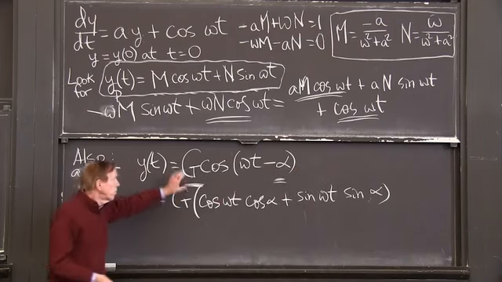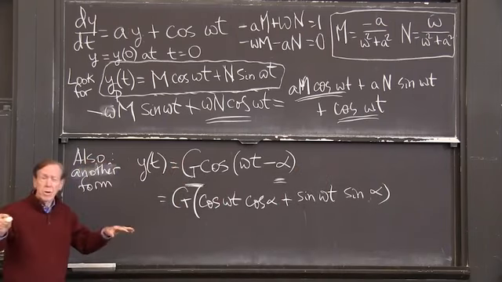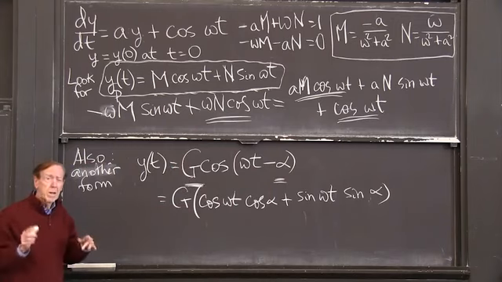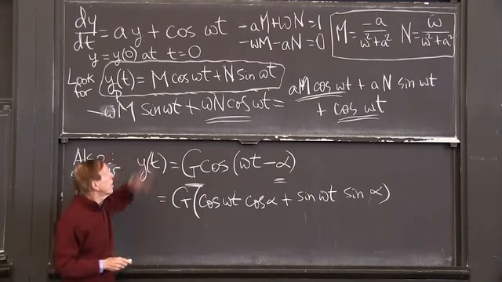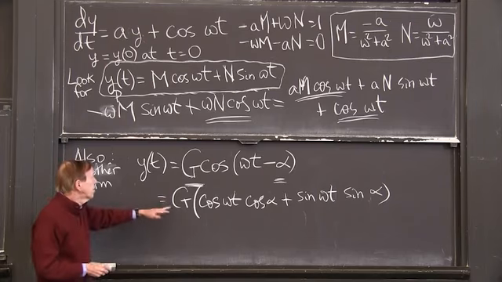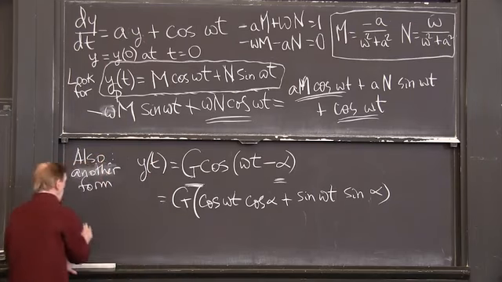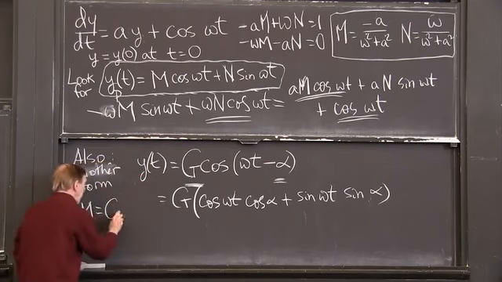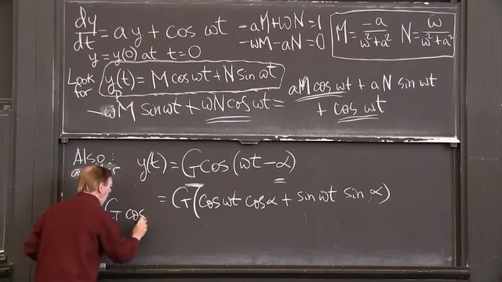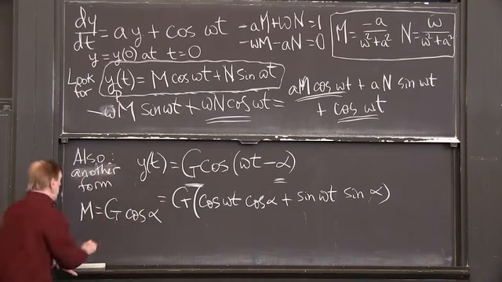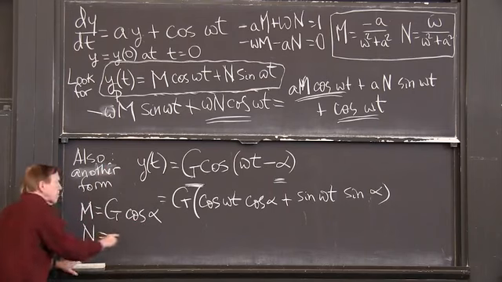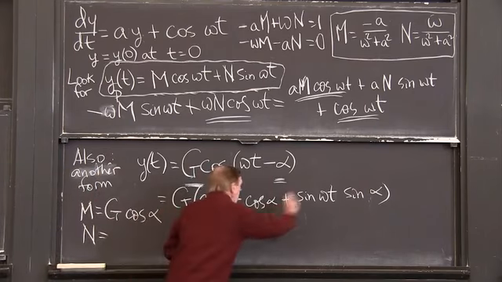So I have just written this out in the two-term form, so that I could match the two-term form I already had. So can I just do that matching? The cosine omega t, the m, must be g cos alpha. And the n must be g sine alpha.